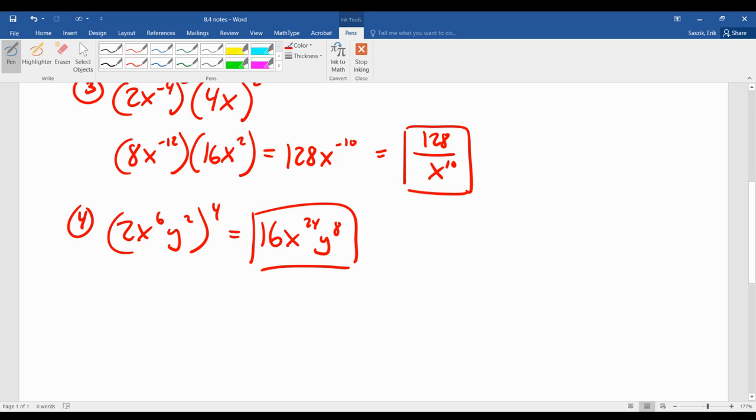Okay? Does that look all right? That's kind of the idea of what we're doing here, just this power to a power business. It's just a little bit of multiplication. Oh, I have to show you this with scientific notation as well, which I'll do in just a moment.